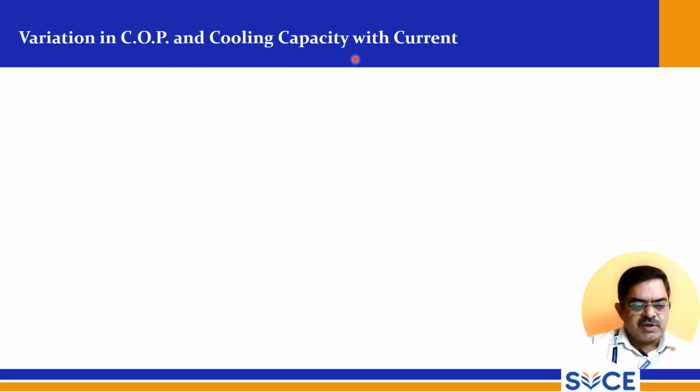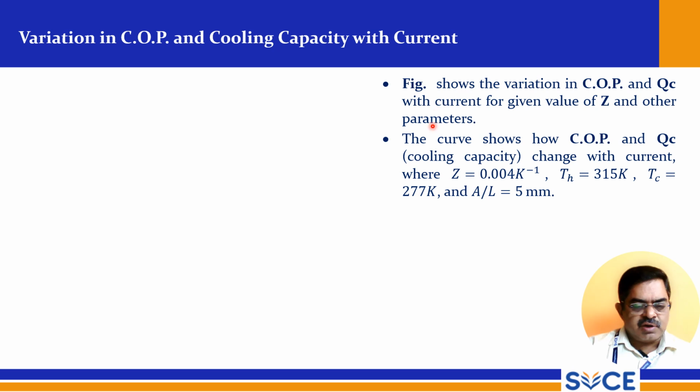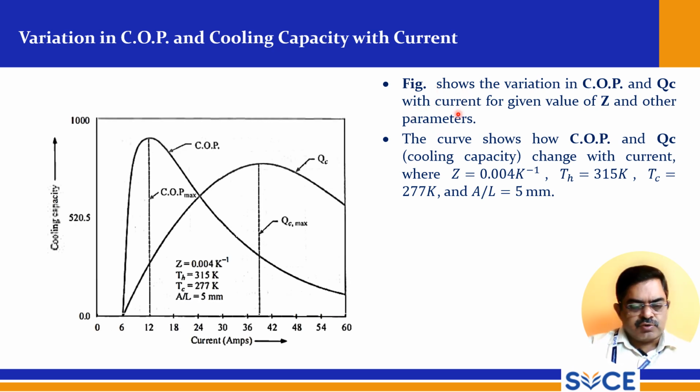Variation in COP and cooling capacity with current. Here we have another curve, which shows the variation of COP and QC with current for a given value of Z, that is figure of merit, and other parameters. The curve shows how COP and QC, cooling capacity, change with current, where Z is equal to 0.004 K to the power of minus 1, TH equal to 315 K, TC equal to 277 K, and A by L is equal to 5 millimeters.